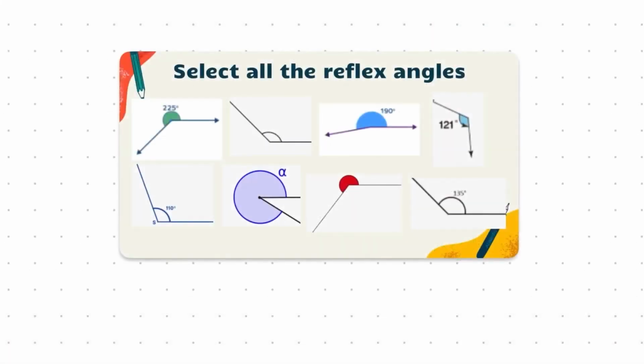For our first practice problem, we're asked to select all the reflex angles. Before I get started, I encourage all of you to pause your videos and give this problem a shot. Okay, assuming you've given a go at it, let's get started. So remember that a reflex angle always measures between 180 and 360 degrees.